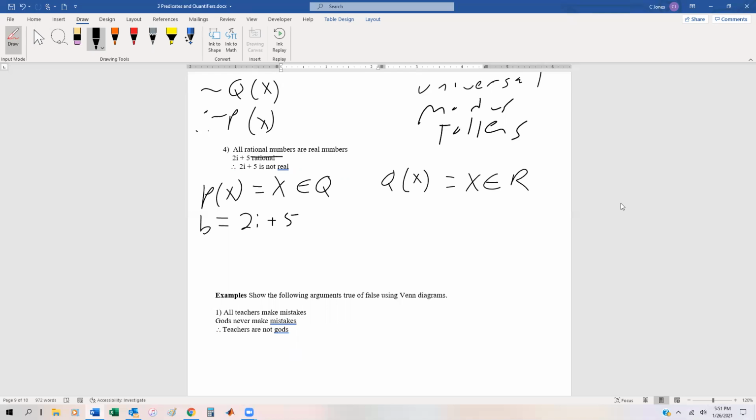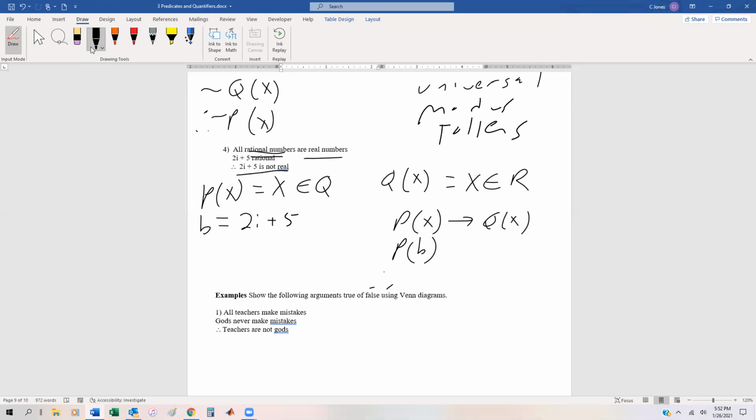And so if we want to build this, we can say all rational numbers are real, which means that if a number is rational, then it is real. So P of X implies Q of X. Then 2i plus 5 is rational, so P of B. And then therefore, 2i plus 5 is not real.